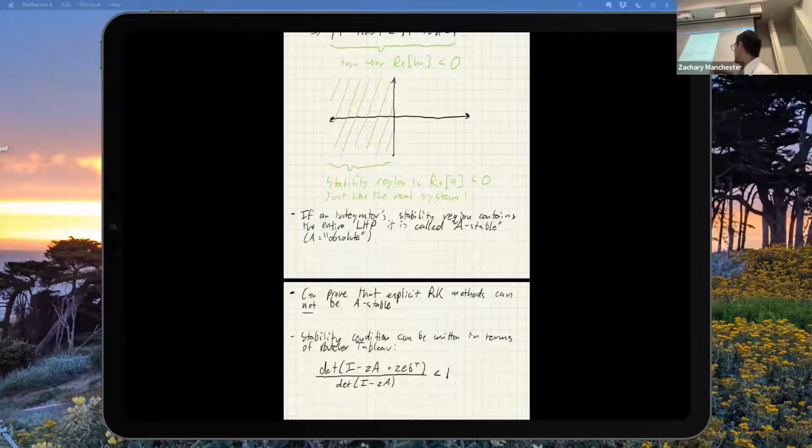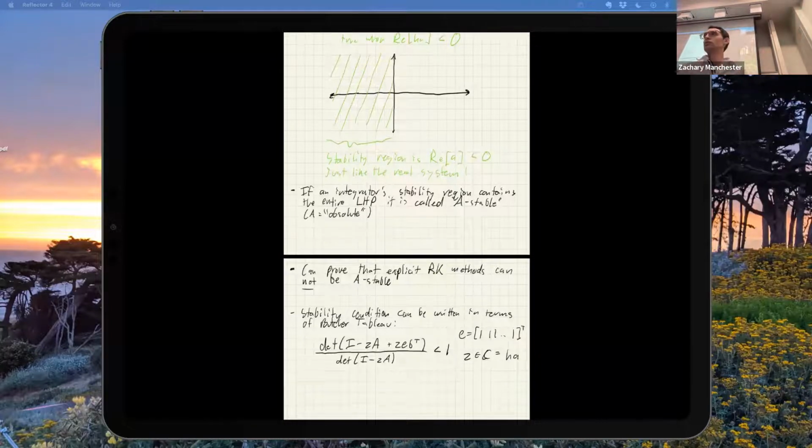Okay, so that's it. This e thing is a vector of all ones, which is a common thing in optimization lingo. And then z is a complex number, which is shorthand for h times A, or step size times our eigenvalue. So yeah, this is all the things we just did. If you have the Butcher tableau, you can just write it as this equation and check this, and you can plot this thing.